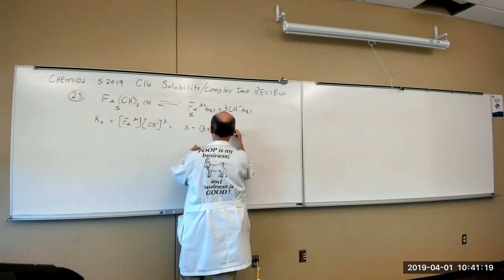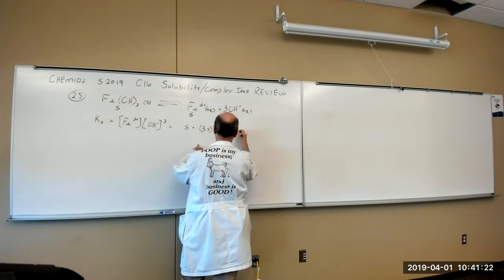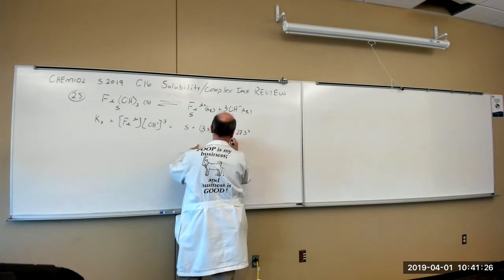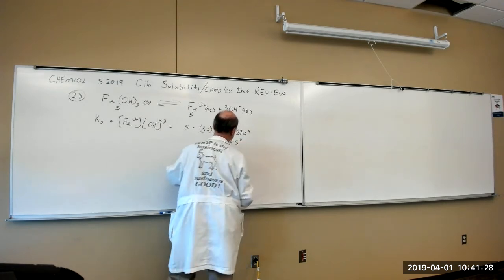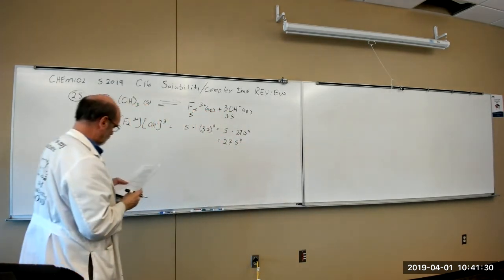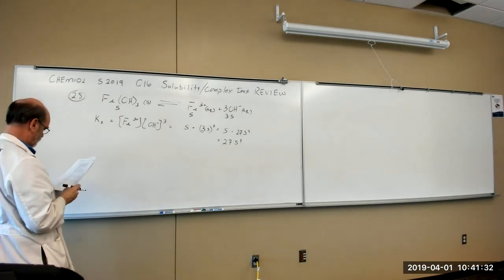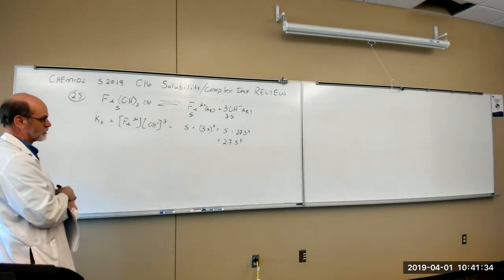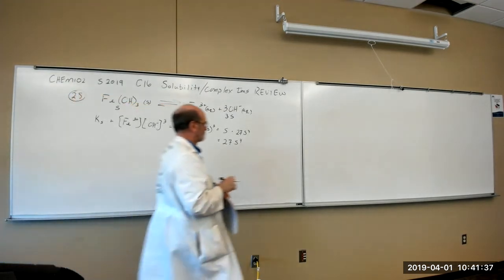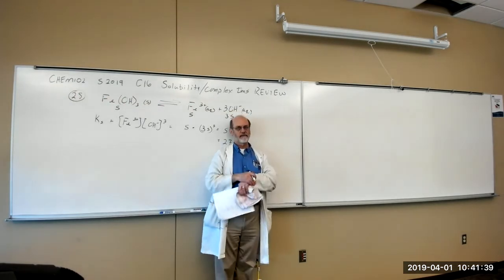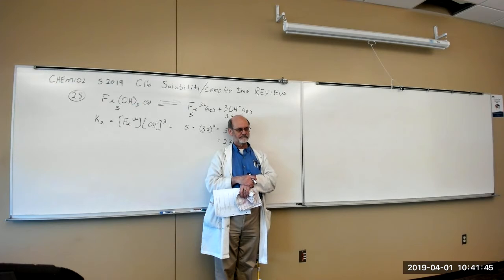So that means, well, if iron is X, then that makes OH 3X.